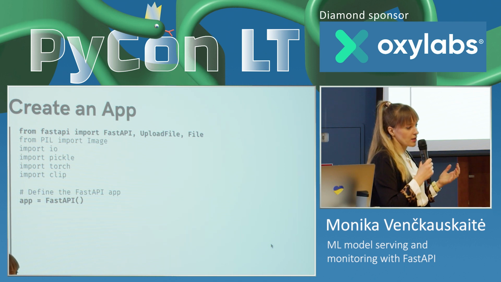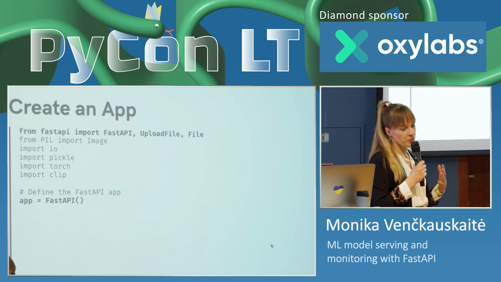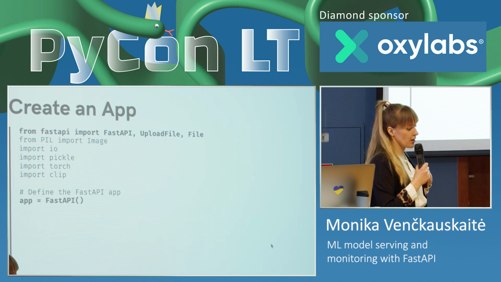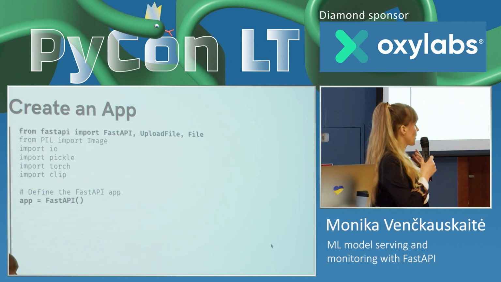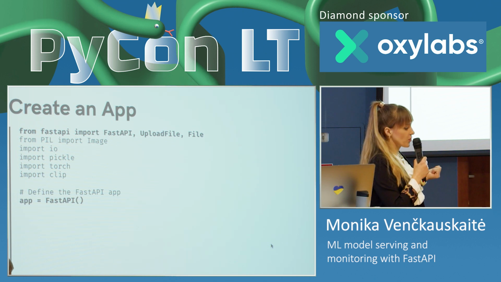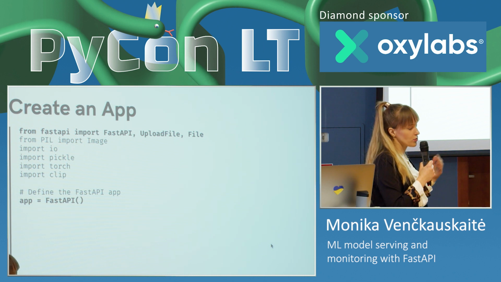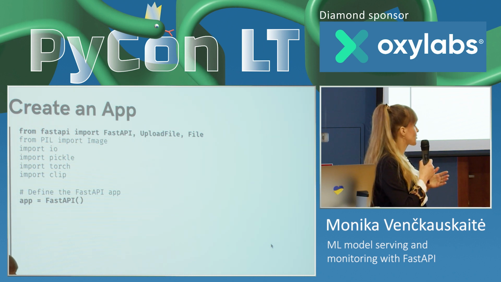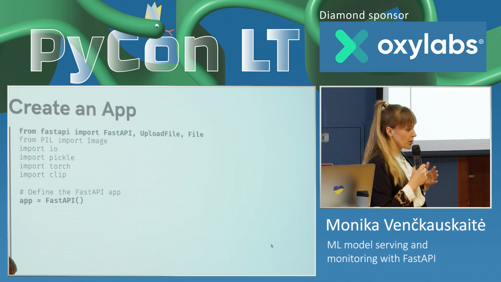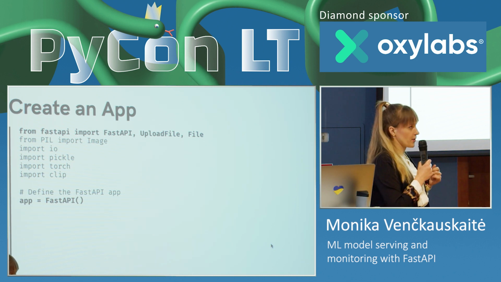Our goal today is to serve a PyTorch model used for image recognition. It's a CLIP model by OpenAI, which you can find pre-trained in the PyTorch library. And our goal is to serve this model with FastAPI.